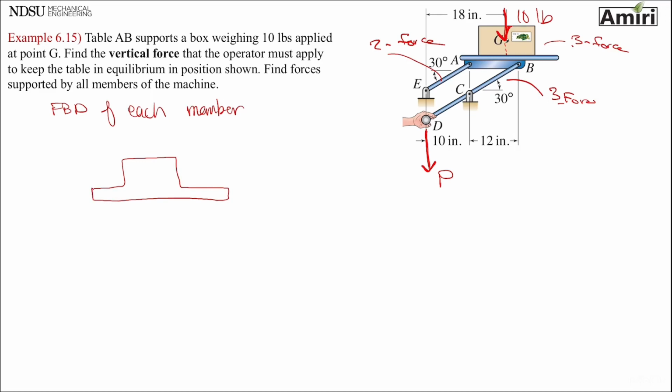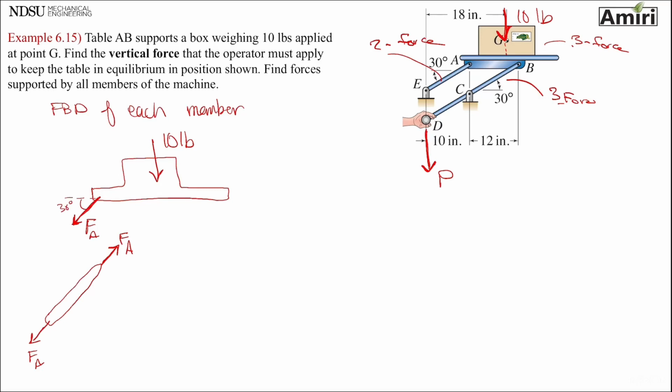I have 10 pounds applied at point G, and then point A, which is attached to a 2 force member. A 2 force member is either in tension or compression. I just like to call it FA. Once this one is in tension, the other one is opposite of it, which is also in tension, going away from the pin.